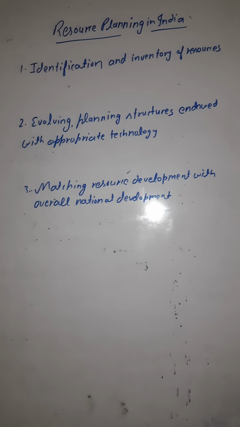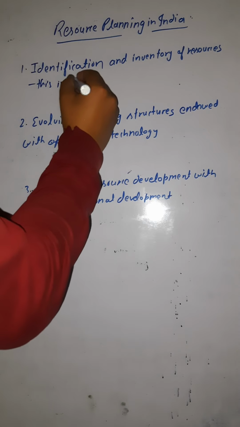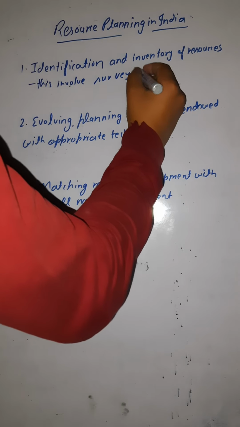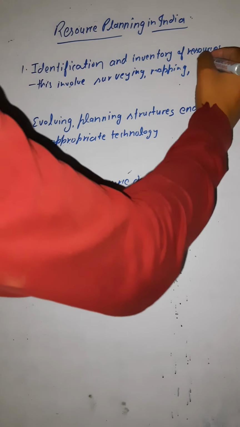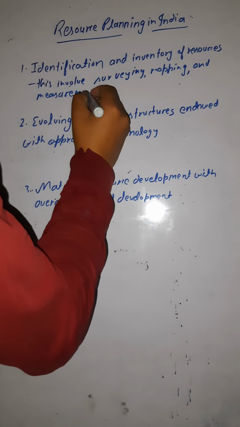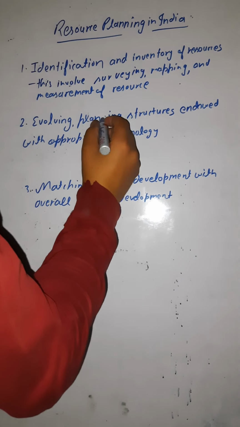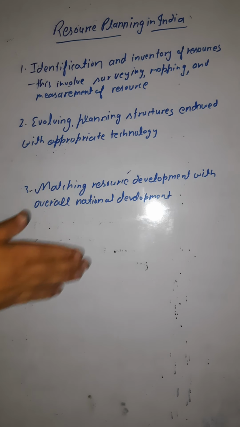This involves surveying, mapping and measurement of resource. First the resources would be measured, there would be a complete mapping and a complete survey. So that involves the first step.